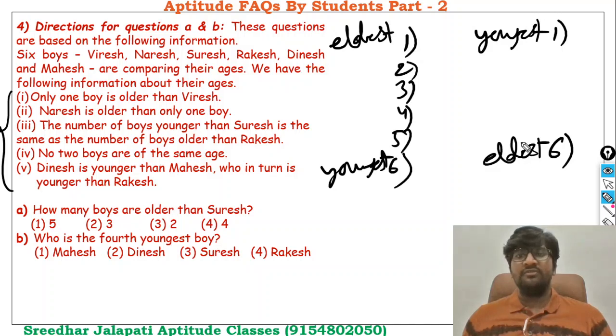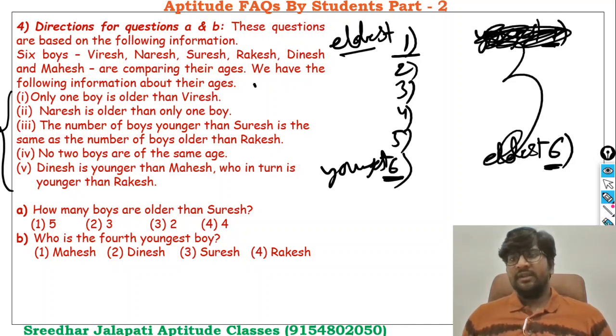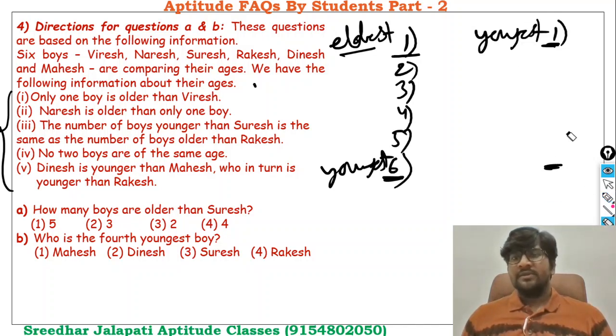You can follow any of the 2 notations. But whichever notation you are following, you should have clarity on who is first in your notation. If you are treating the eldest as first, then the youngest is 6th. Or if you are treating the youngest as first, then the eldest is 6th. Accordingly, you can find the answers. So, I am following the notation of treating the eldest as 1 and the youngest as 6.